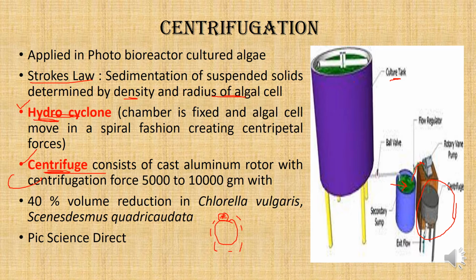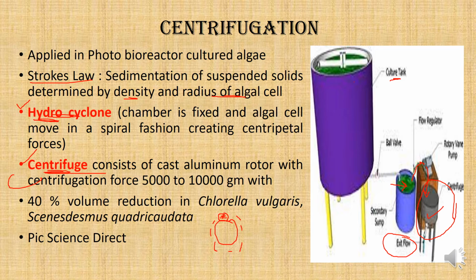This algae enters the centrifuge through this pump. Now in the centrifuge, after centrifugation, at the exit flow the spent algal media is removed, and the algal biomass is accumulated here inside the centrifuge.